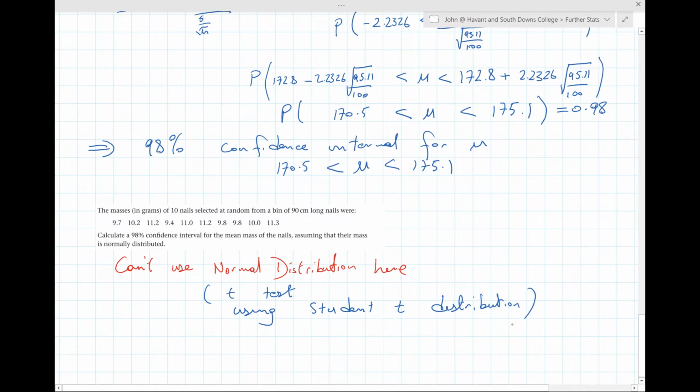I think it's on AQA, I think it's on MEI, and it's on one of the advanced stats courses on Edexcel, but it's not on OCR. So unless I get any special request to talk about that example, I won't. I just thought we do need to know when you can use the normal distribution, the Z function, to work out a confidence interval, and when you can't. And there's an example where you can't because the sample size is too small.